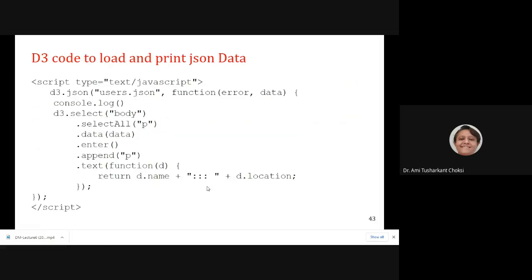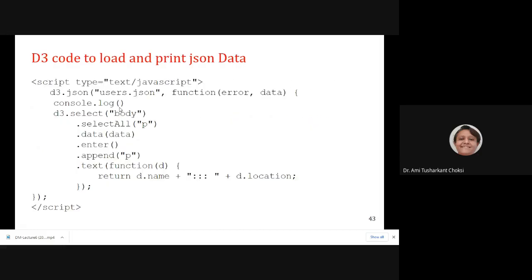So this is the code. We have just seen the explanation in advance so that we have an idea of what to write next. Now we can see the code, and it's very simple. d3.json users.json, that is a file, function error comma data. Then after that we have console.log.